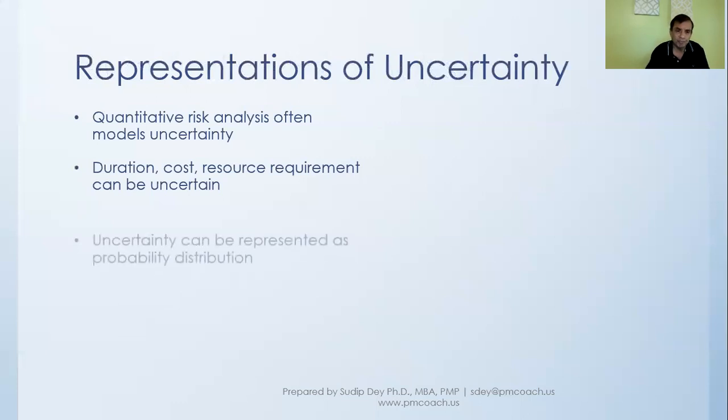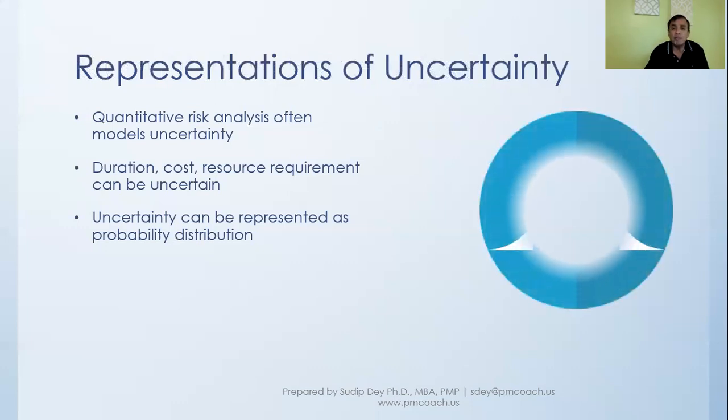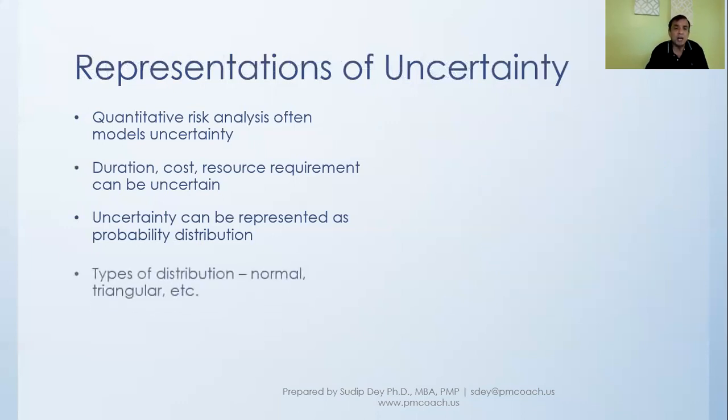Now, this uncertainty, a lot of times in quantitative risk analysis, will be represented as a probability distribution. And it will probably look something like that. There are many different types of probability distribution. Some of them we know are, for example, normal.